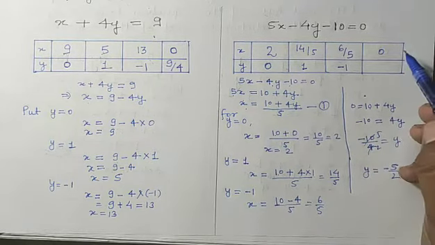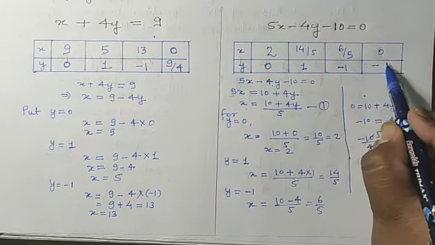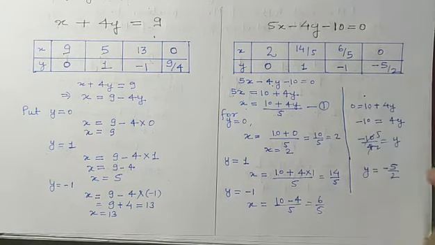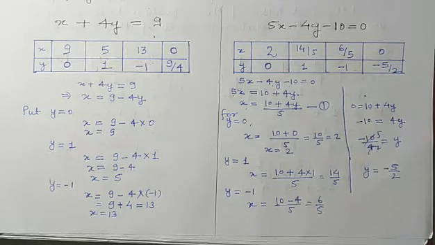So if x is equal to 0, then y is equal to minus 5 by 2. Students, like this we can find the solutions of a linear equation, and you can verify your solution also by putting those values in the equation.